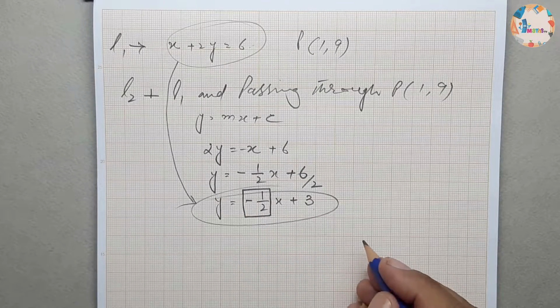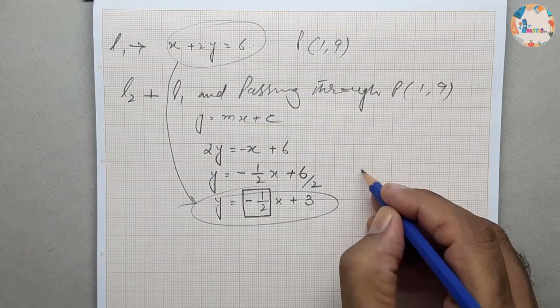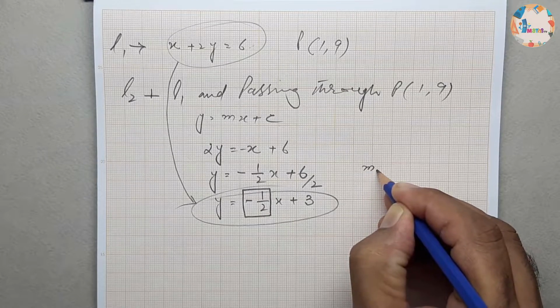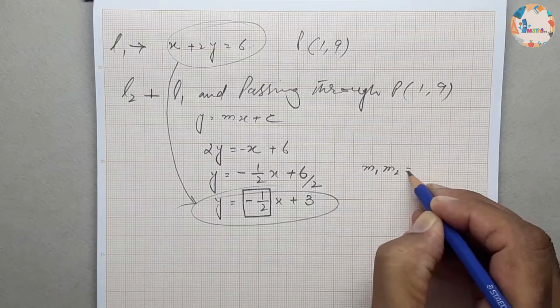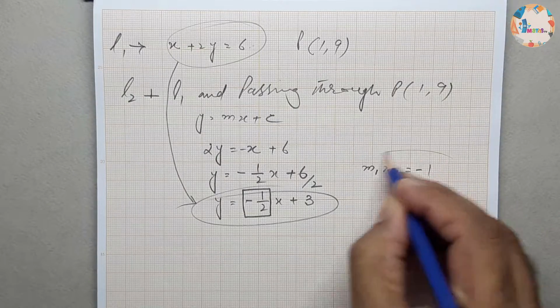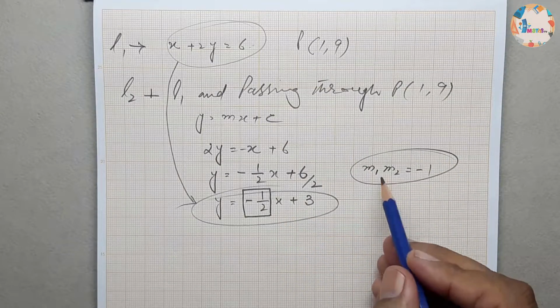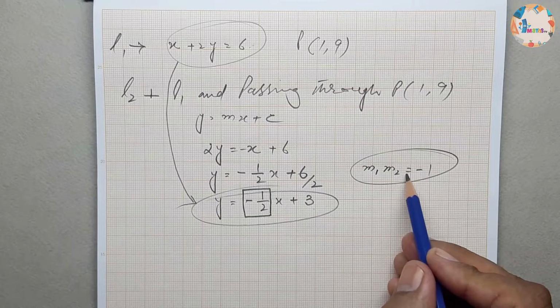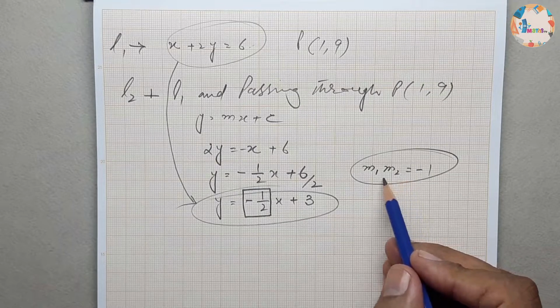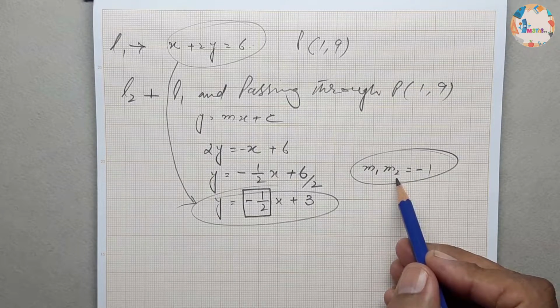And for perpendicular lines, keep in mind that the gradients of two lines, for example m1 and m2, should multiply to minus 1. This is the rule for two lines to be perpendicular to each other, that their gradients should be the reciprocal of each other and change sign.